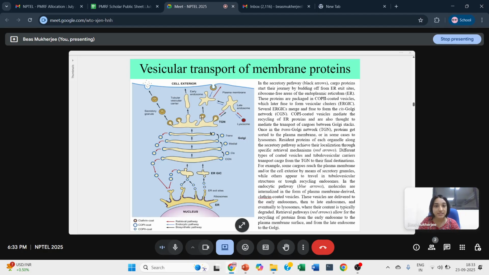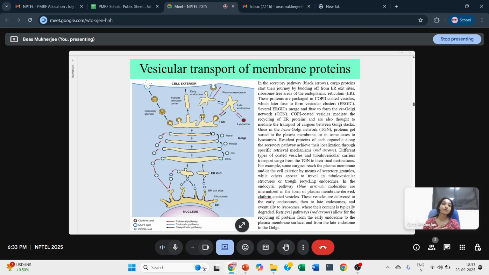Now see what happens is, once in the trans Golgi network, the proteins get sorted to the plasma membrane, or in some cases to the lysosome, if they are, let's say, a protein important in the lysosome or any other purpose. Okay, so resident proteins of each organelle along the secretory pathway achieve their localization through specific retrieval mechanisms, which are the red arrows shown in the figure.